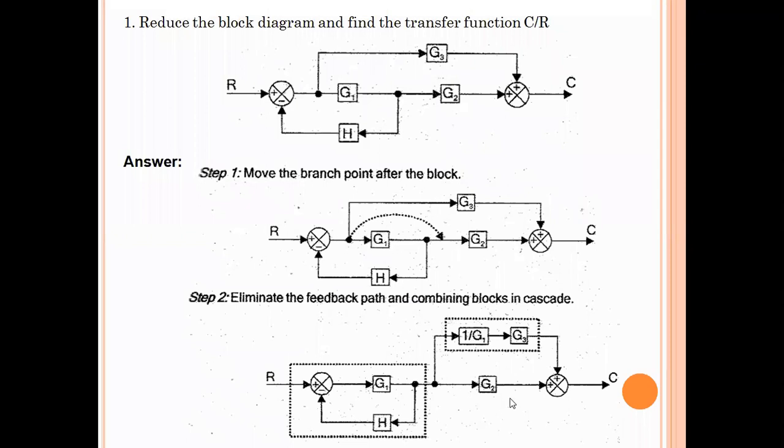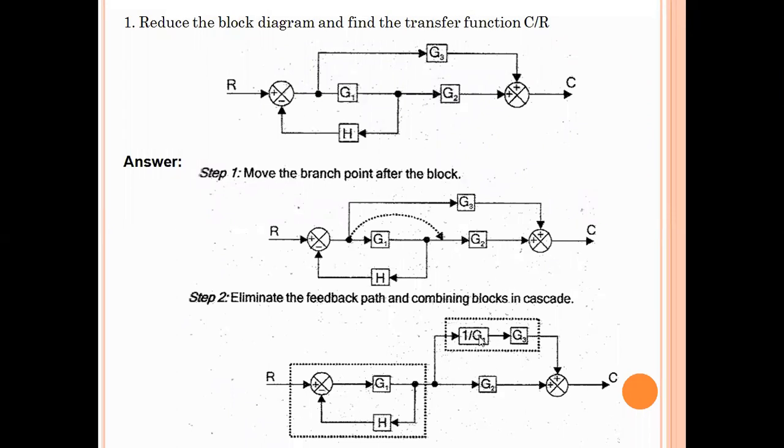So this is the resultant block diagram. See, this branch point is completely shifted here. And you can see 1 by G1 is added, and it is in series with G3. Right? So G3 and 1 by G1 both are connected in cascade connection.